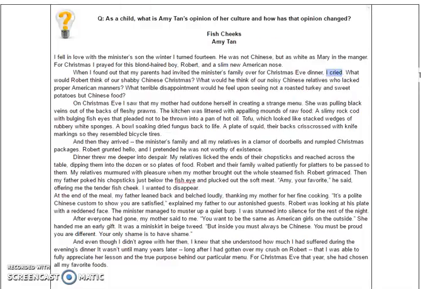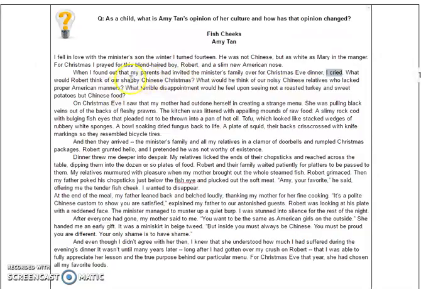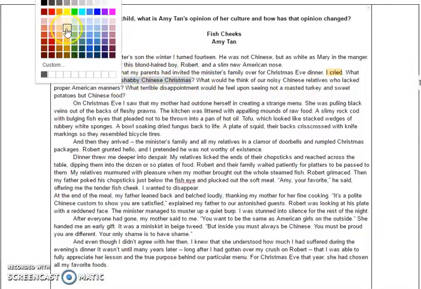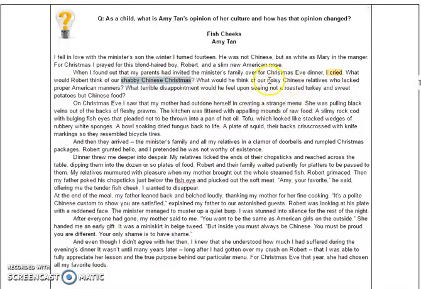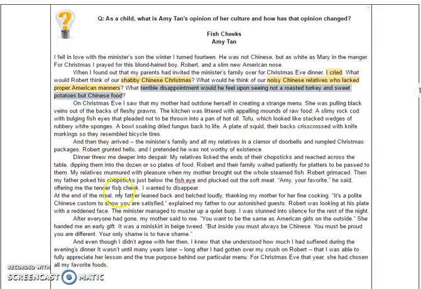When Robert and his family come over, she cries. She describes her Chinese Christmas as shabby. She describes her Chinese relatives as noisy and lacking proper American manners. She also describes Robert's disappointment at their Chinese food.